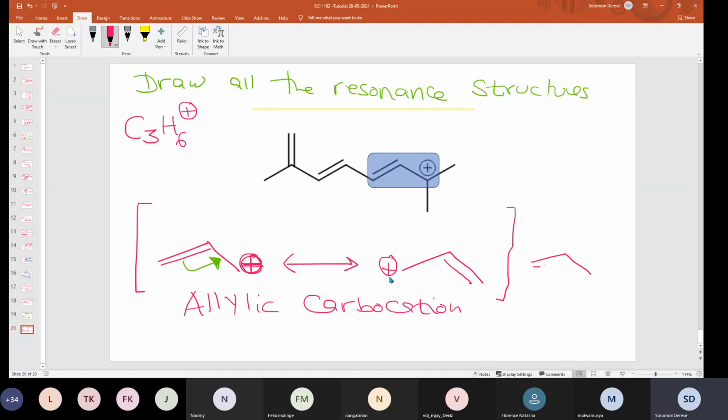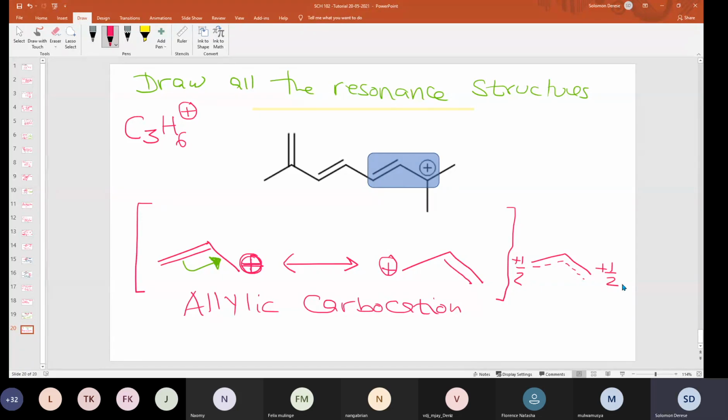So I will just be drawing this like that. And on this one, I will have a +½ charge. On this other one, I will have a +½ charge, because in this molecule, the charge we have is +1, and that +1 is shared by this carbon and that carbon, equally. So this is +½, this is +½. Is this one clear?